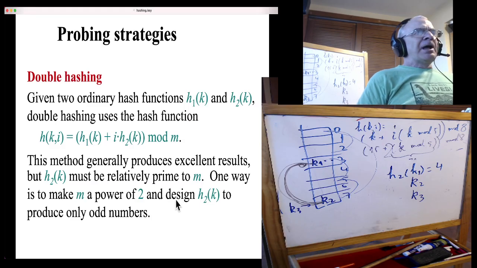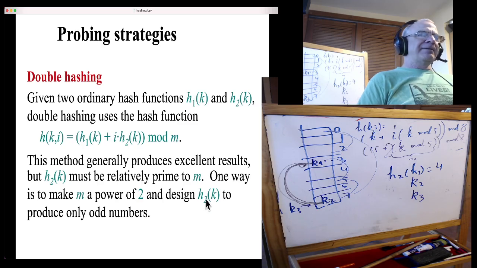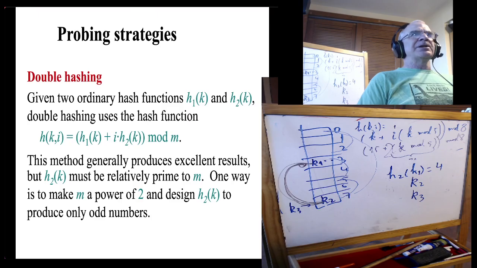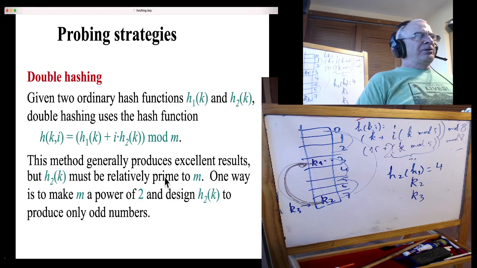So how should you prevent it? You just look at the value of h2, and you check that it will return a number which is relatively prime, doesn't have any common factor, with m. Which way can you do it? If you want m to be a power of 2, we discussed all the advantages that come when m is a power of 2, then you will use any odd number.